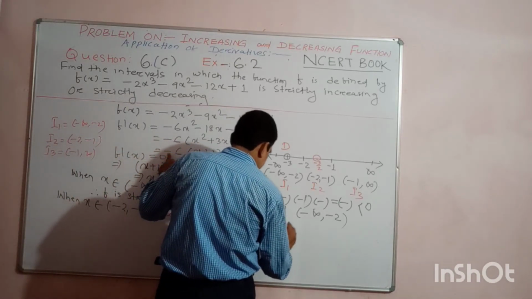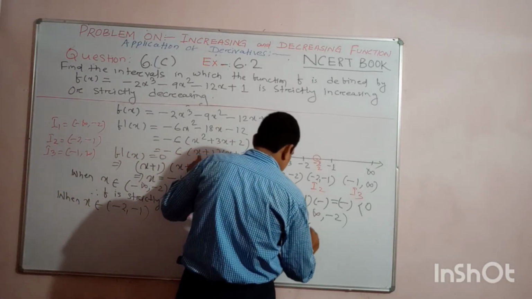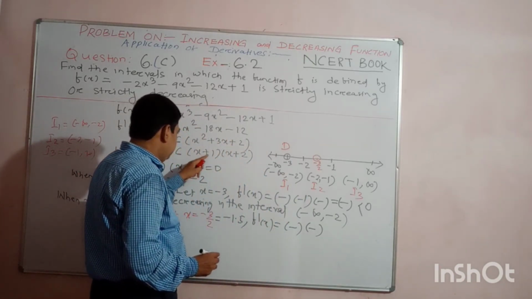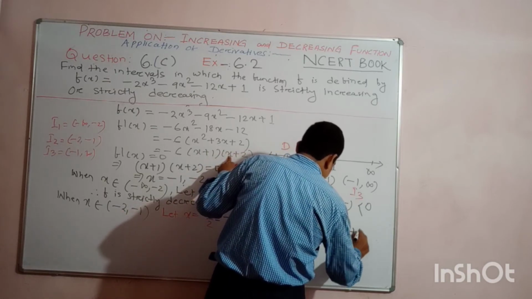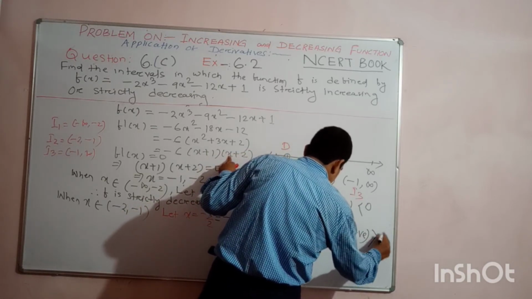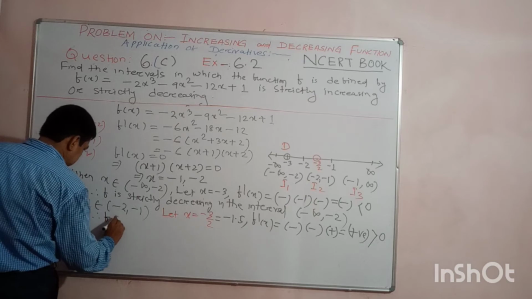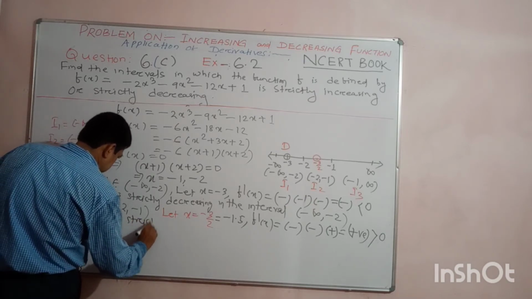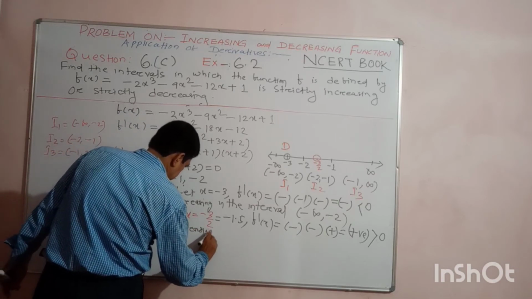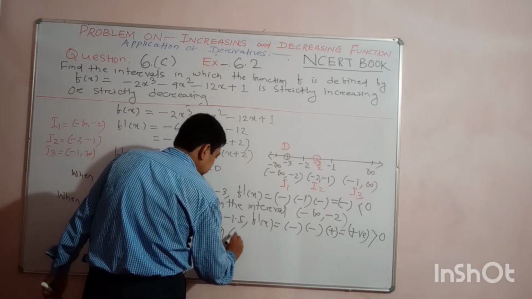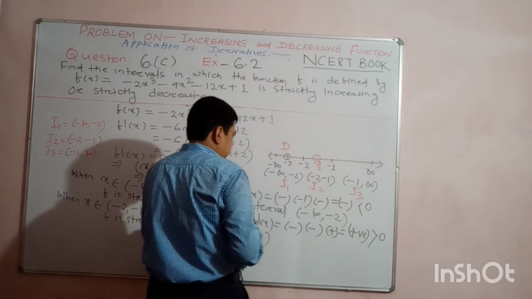The constant factor is negative, x + 1 with minus 1.5 is also negative, and x + 2 with minus 1.5 is positive. So the overall sign will be positive. It means f'(x) is greater than 0, hence f is strictly increasing in the interval minus 2 to minus 1. So in the second interval I2, the function is strictly increasing.